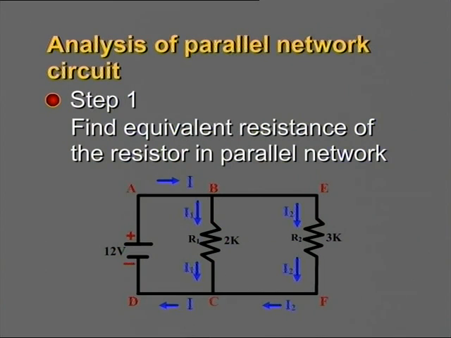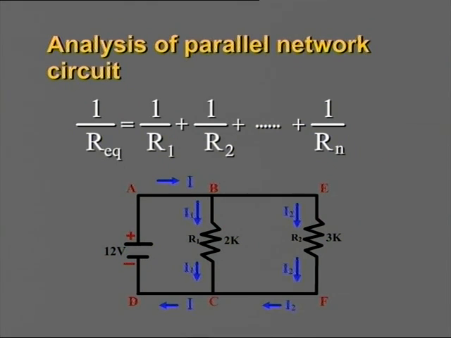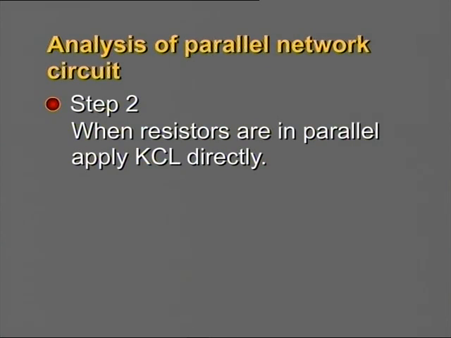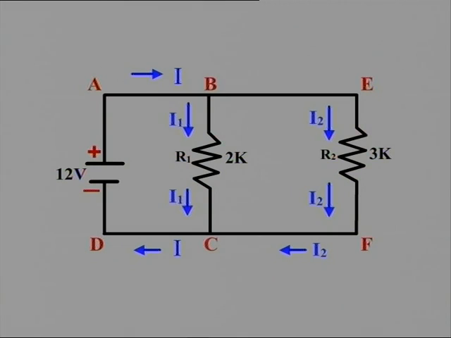Find the equivalent resistance: 1 upon R equivalent is equal to 1 upon R1 plus 1 upon R2 plus and so on up to 1 upon Rn. Step 2. When resistors are in parallel, apply Kirchhoff's current law directly. In each branch, there are divisions of current. The sum of branch currents is equal to the total current supplied by the source.